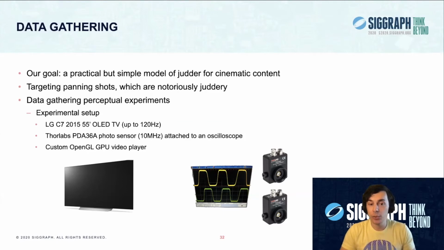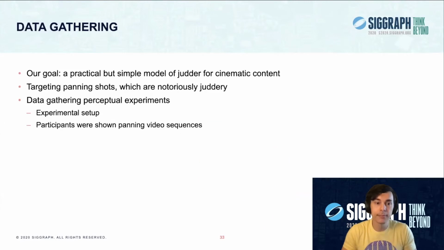And finally, we had to create our own custom OpenGL GPU video player implementation, because we found that most commercial video players just aren't able to show really high frame rate content reliably without ever dropping frames or interpolating or something like that. And we didn't want our participants to mistake those things for the artifact we were looking for.